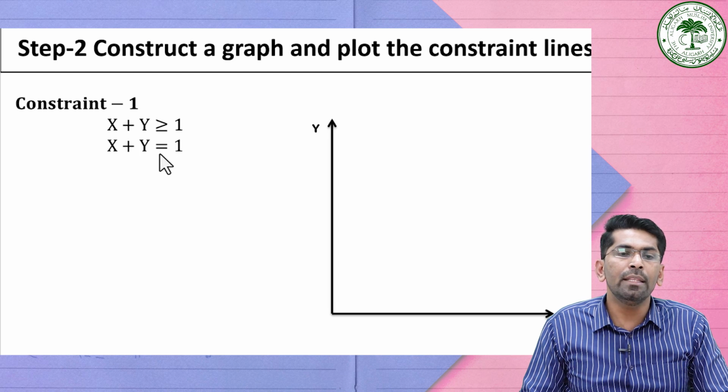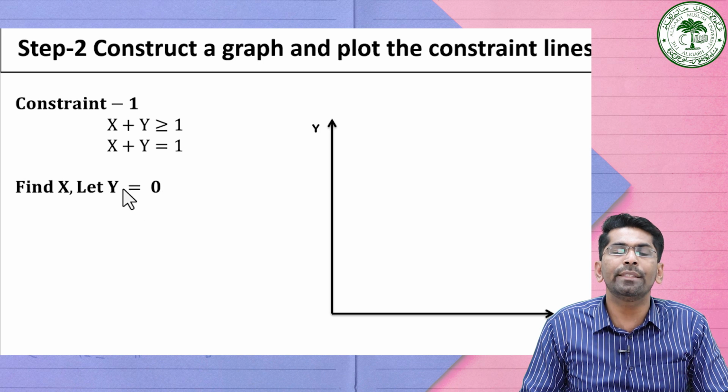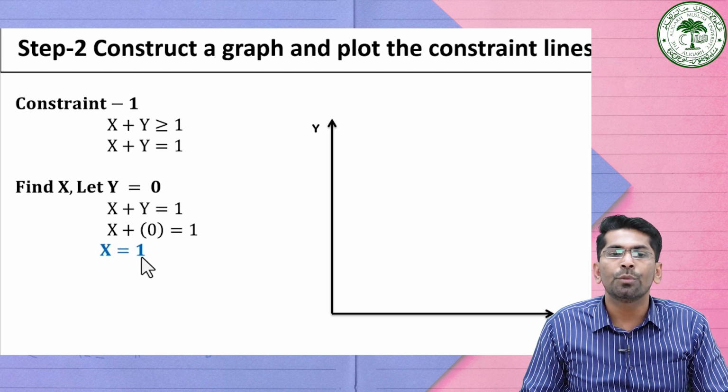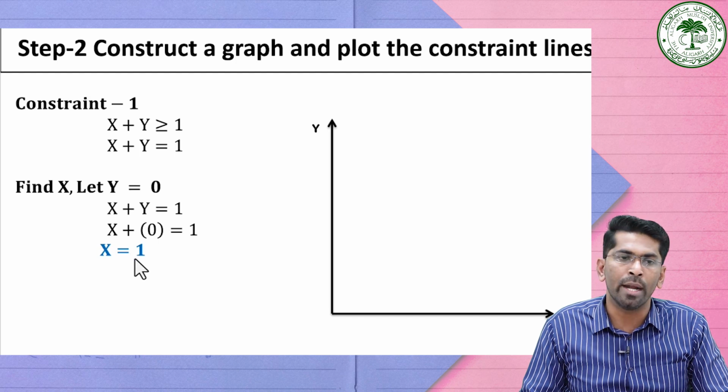Now I can assume that y is equal to 0 and we want to find x. If y is equal to 0, then x plus 0 is equal to 1, so simply x is equal to 1. So when y is equal to 0, the value of x is equal to 1.